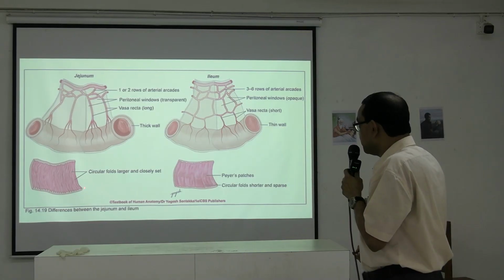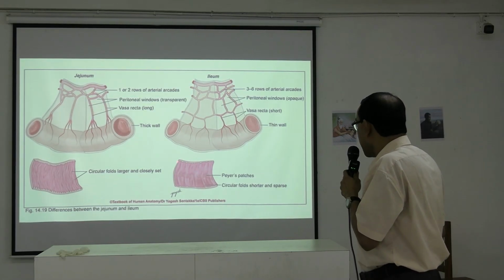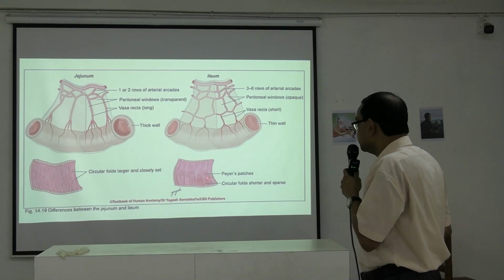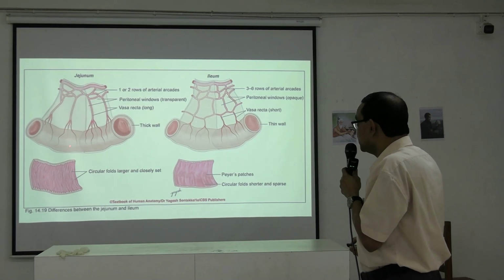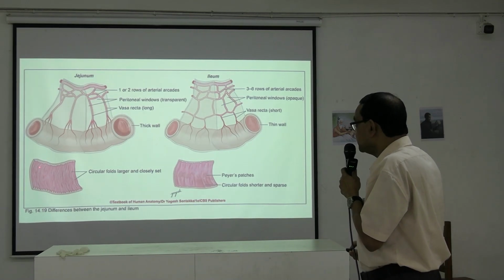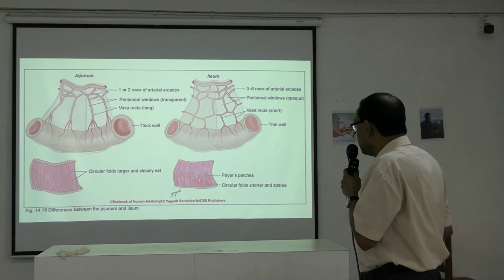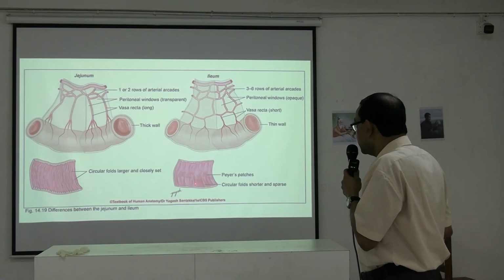This is the cut section of the jejunal end, and this is the cut section of the ileal end. And in the jejunal end, we can find they are closely placed, whereas here we can find they are placed at a distance.